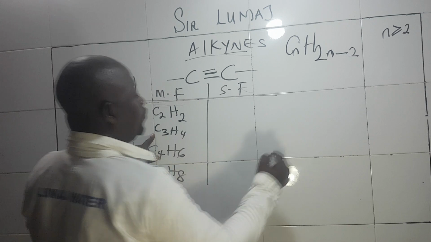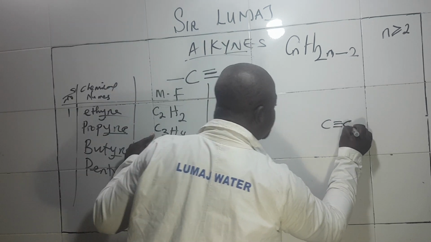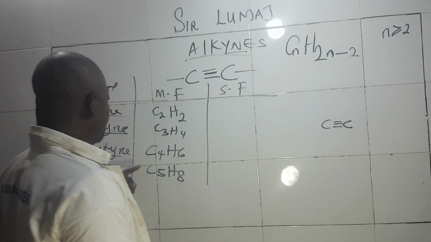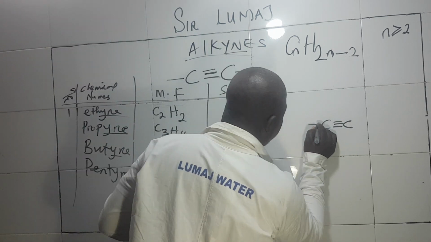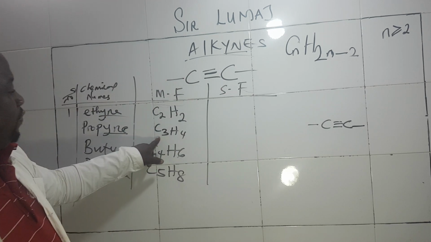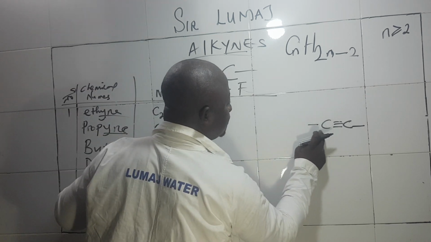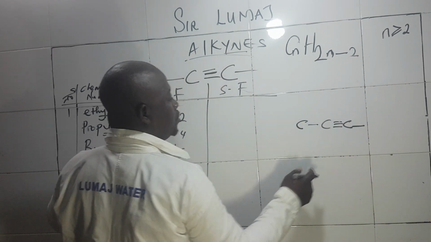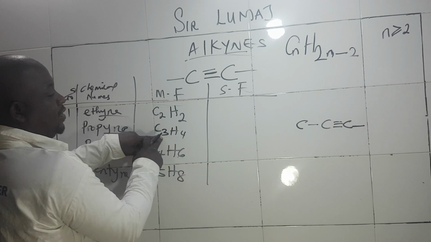So writing the structural formula of propyne now. You first have carbon to carbon triple bond. In carbon to carbon triple bond, we have 1, 2, 3, 4. So how many carbons do you have? We have 3 carbon atoms. This is 1, 2. Do you add to the front or to the back? These are carbon. So here we have completed the 3 carbon atoms.